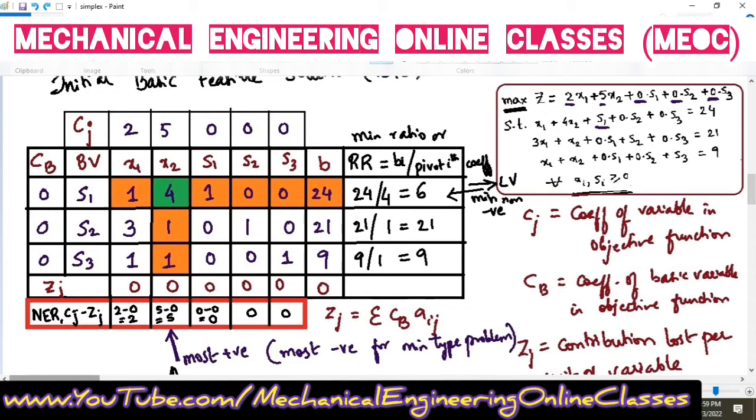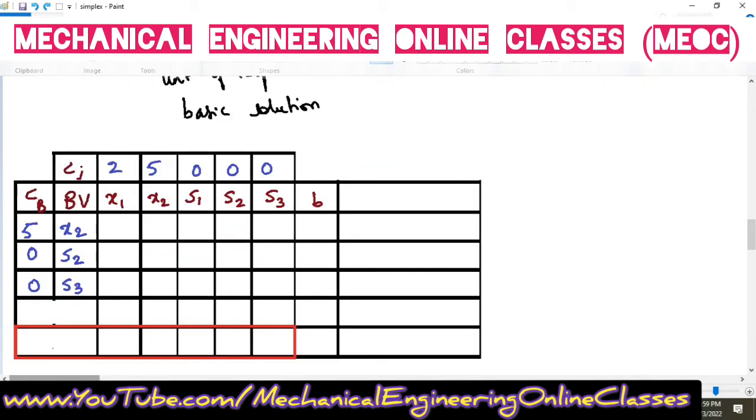But now when we want to write the modified simplex matrix, we must write the constraint in such a way that we can read the value of x2 as x2 equal to something here, s2 equal to some value here, s3 equal to some value here, and therefore z equal to something.